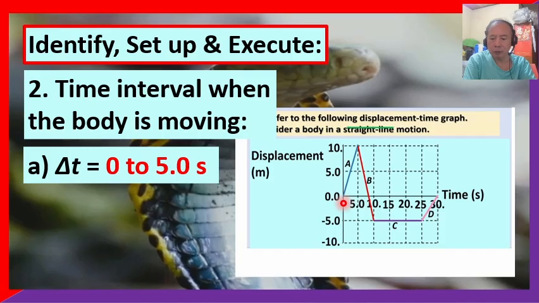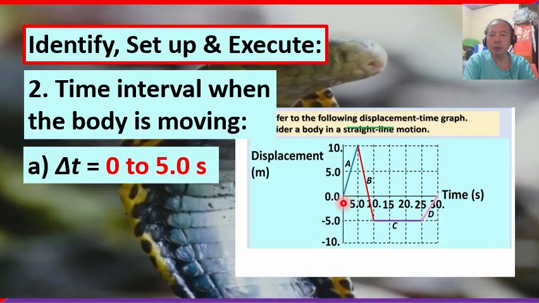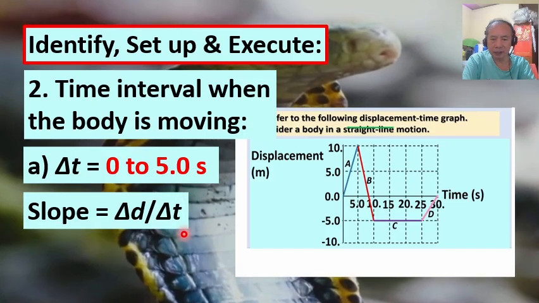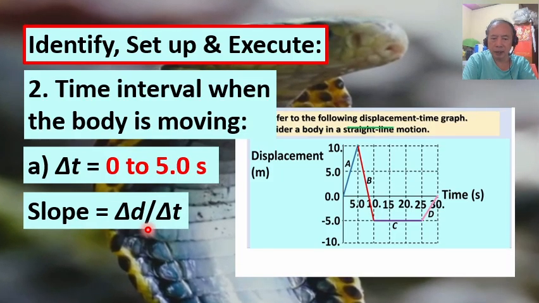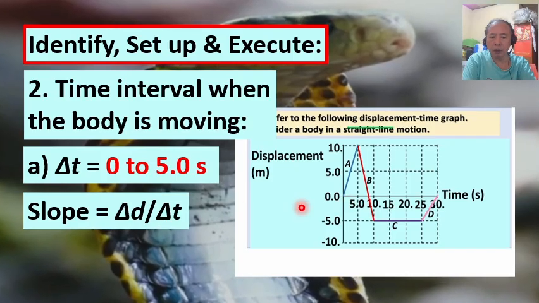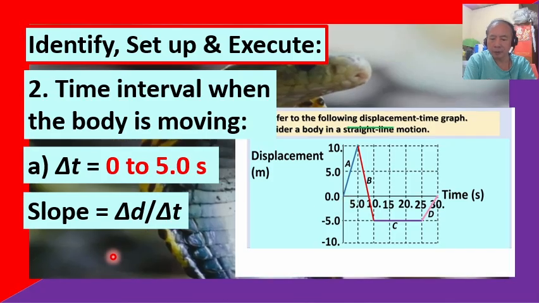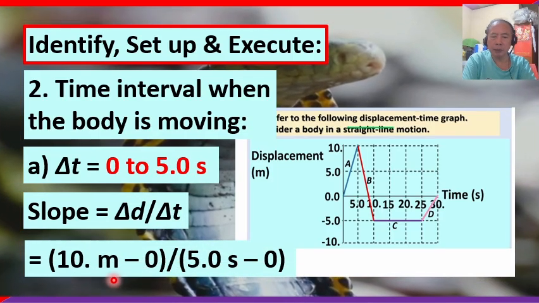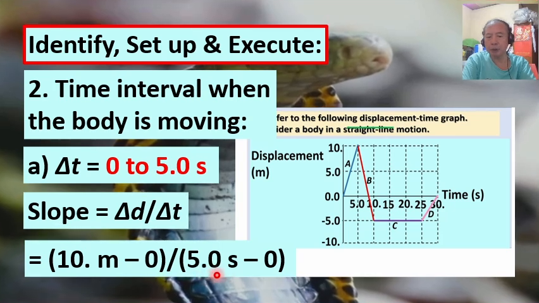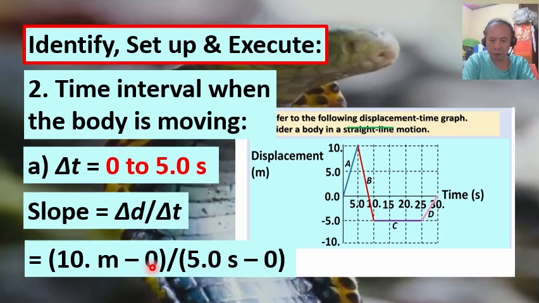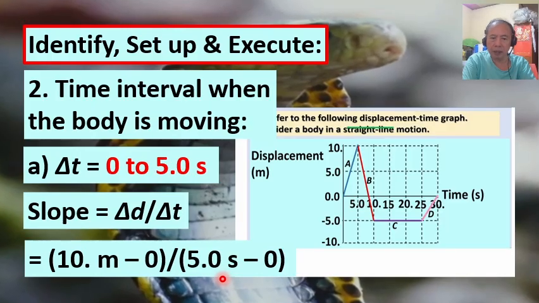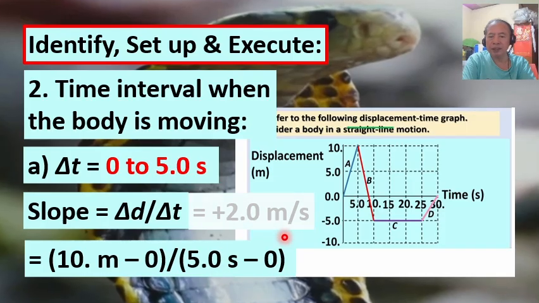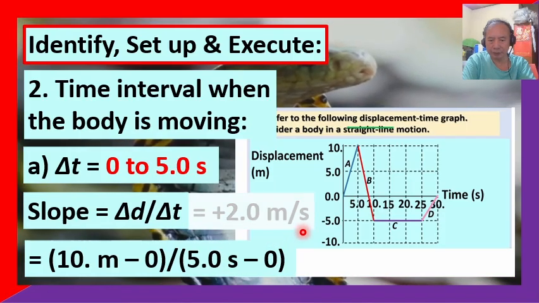In fact, when you compute the slope of this graph, the delta d over delta t, we have quantity 10 meter minus 0 divided by quantity 5.0 second minus 0. So when you do the math, we find the value of the slope delta d over delta t equal to positive 2.0 meters per second.